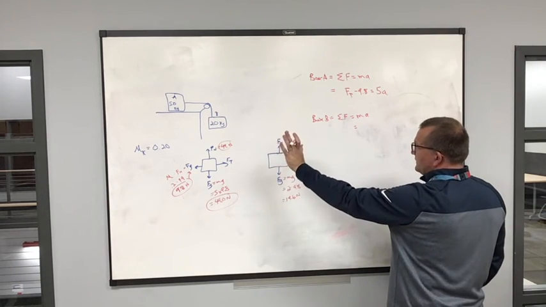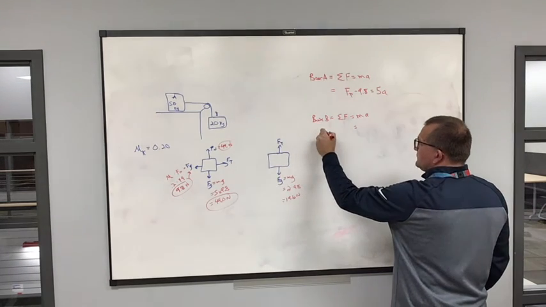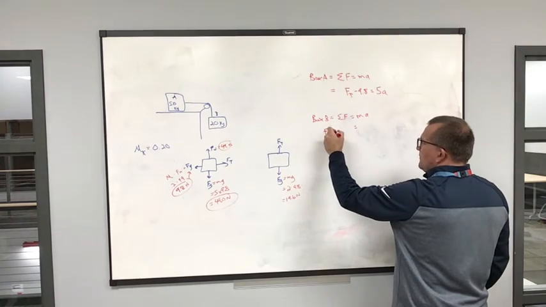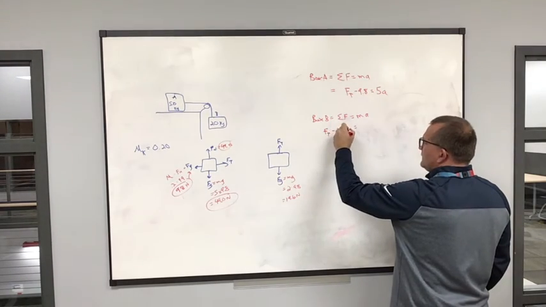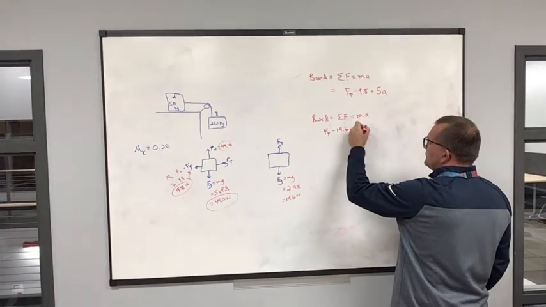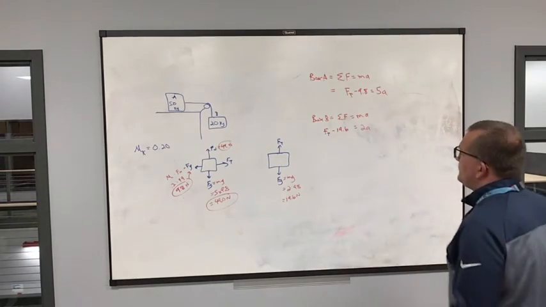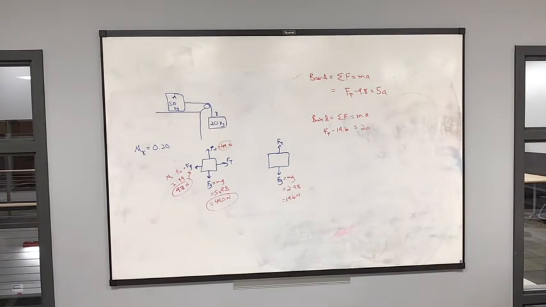If you want to do that, that's fine. My force of tension minus 19.6 equals 2a. So I have two equations, two unknowns.